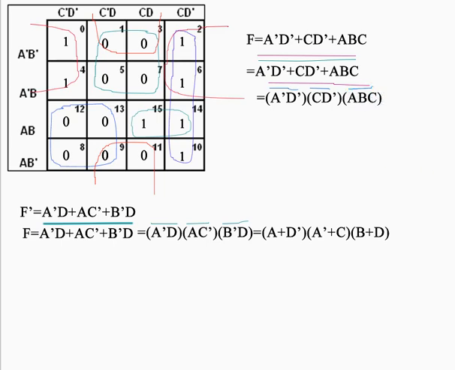Okay, so this shows that I have a NAND gate here, and a NAND gate here, and a NAND gate here. And then all of these three terms, they're combined with another NAND gate, which is the red one. Okay, and this is a NAND only implementation.